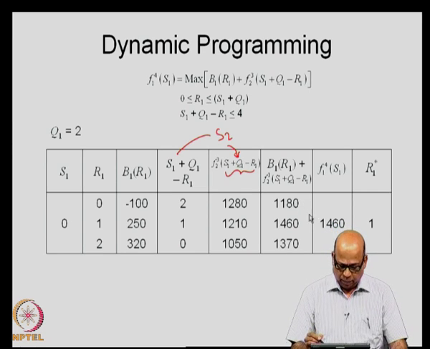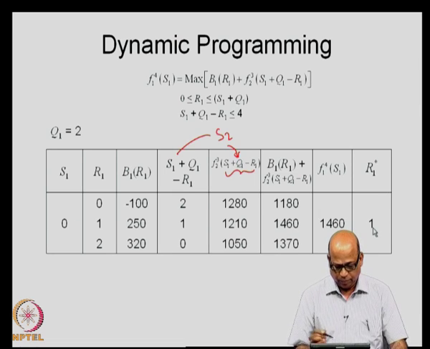Then pick up the maximum that results from these. Essentially what we are saying is, given that S1 is equal to 0, whether my R1 should be 0, 1 or 2. This says that the maximum value resulting is 1460, and therefore your R1 should be 1.